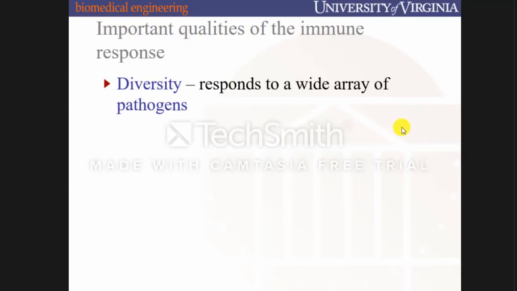Diversity. So in the innate immune system, there's a lot of different features that your innate immune system can respond to. Now, it's going to be different than adaptive immunity, and we'll touch on that later. But there's so many different kinds of pathogens that your body can respond to as a result of your innate immune system, that has been evolutionarily conserved over generations.